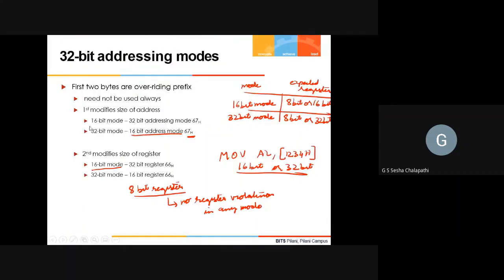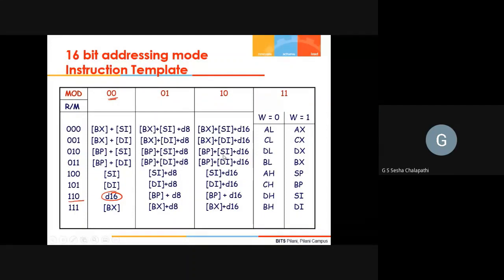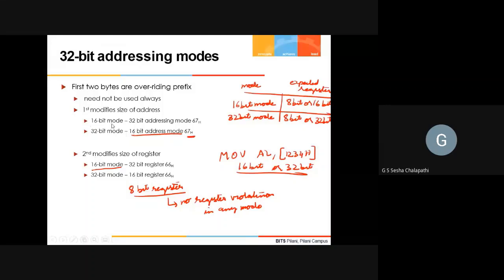Or inside 32-bit mode, if you use a 16-bit addressing mode, that is SI plus D16, or SI plus D8, or SI, then you are using a 16-bit addressing mode, which is not expected in 32-bit mode of operation, and therefore there is a violation. Therefore, you specify that as 67H.